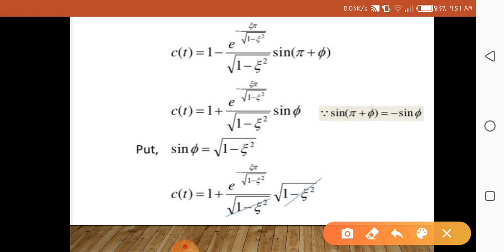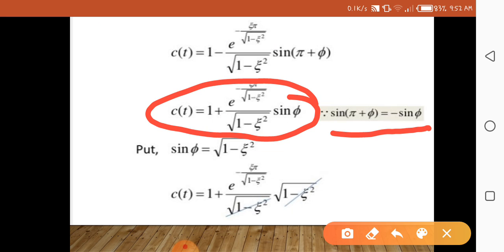Now C of t is equivalent to, because sin pi plus phi is equivalent to minus sin phi, C of t is equivalent to 1 plus e raised to the power minus zeta pi upon root 1 minus zeta square, upon root 1 minus zeta square, sin phi. So put sin phi equivalent to root 1 minus zeta square.